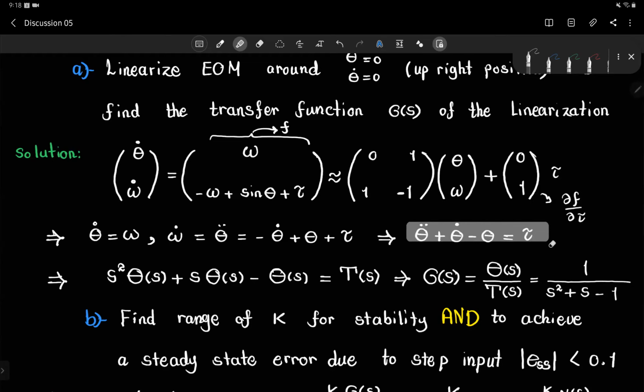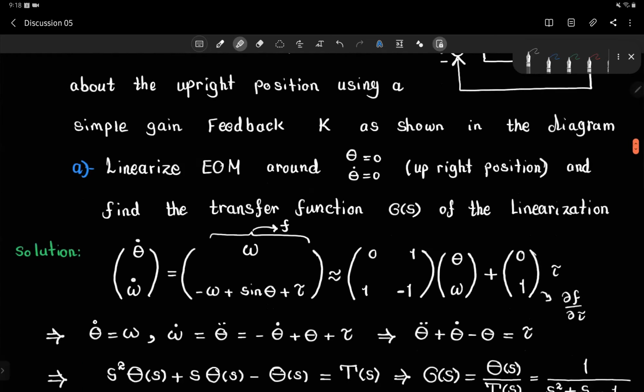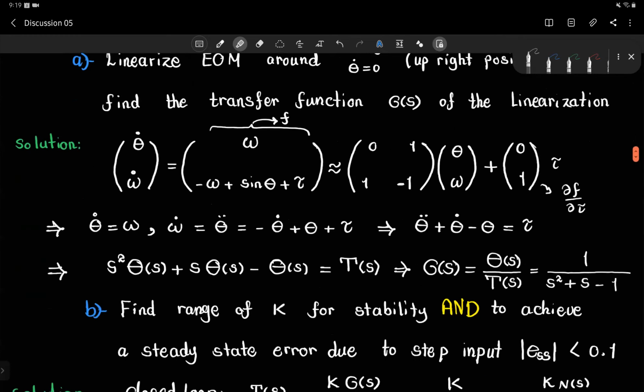Which means that we can take the Laplace transform of it. We could not have done this to the non-linear differential equation because of the non-linear term, right? Remember that Laplace's transform works with linear time invariant differential equations.